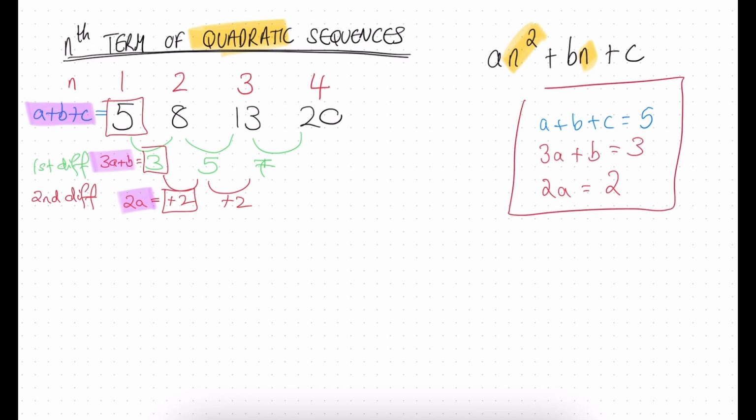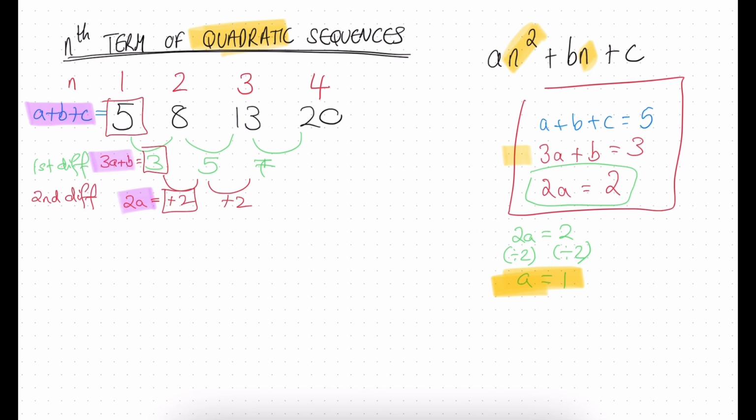Now, the easiest one to do there, because we've only got one unknown in it, is this one. 2a equals 2. To find out what a is, at the moment it's 2 times a, so we just divide by 2 on each side, which leaves you with a equals 1. Now that is good news, because we can now substitute a equals 1 into the second formula.